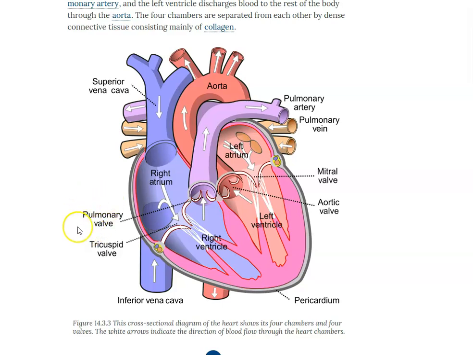This is the pulmonary valve that goes to the pulmonary artery and the aortic valve that goes to the aorta. Now make sure you know those parts that we mentioned: the upper chambers, the atria, the lower chambers, the ventricles, and the four valves.